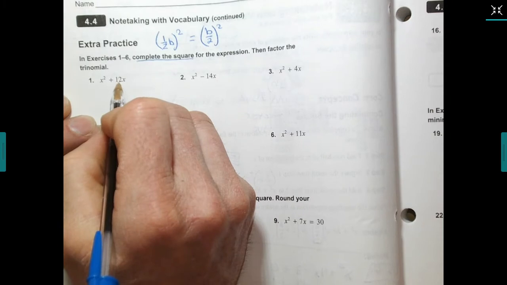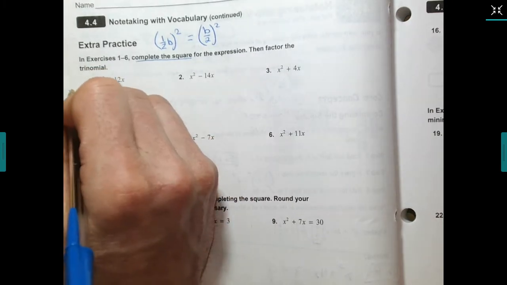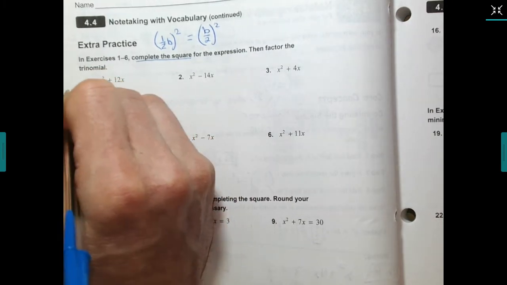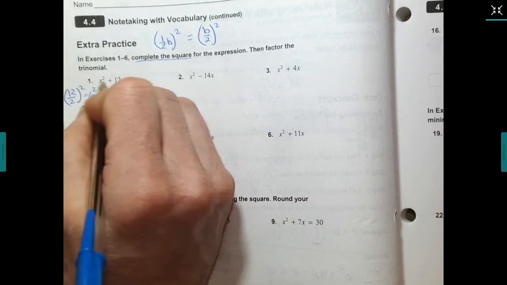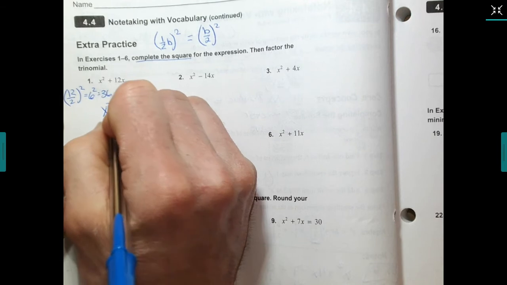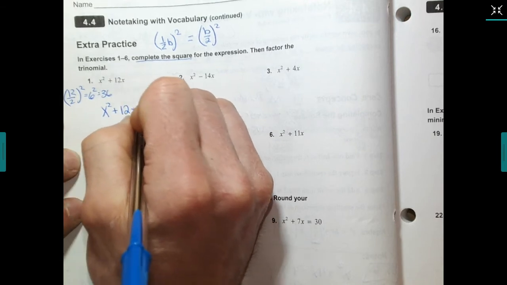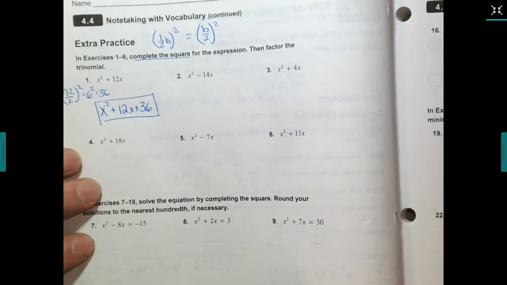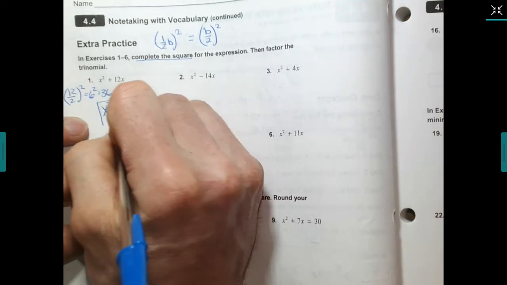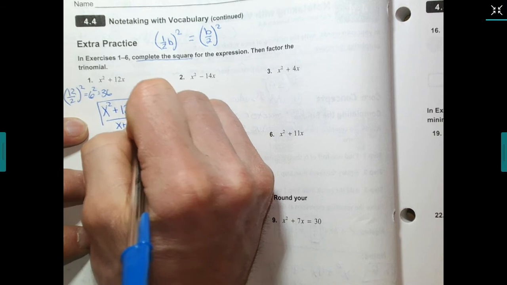So here's our b value. It's 12. So 12 divided by 2 squared, so that'd be 6 squared, so that's 36. So if I complete this square, it'd be x squared plus 12x plus 36. There it is. And then this is x plus 6 times x plus 6.